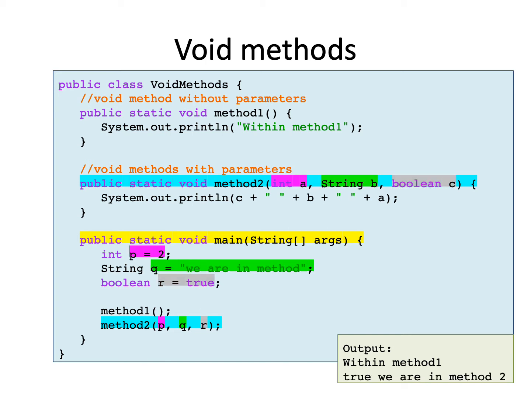Here we pass in the values p equal to 2, q equal to "we are in method", and r equal to true to method2. Within method2, it has a System.out.println, so it will display the value of c, which is boolean true, b, the string "we are in method", and a, which is the value 2. So the complete output in this program is "within method1", then "true, we are in method, 2". Try and run this code and check if you get the same output as shown here.